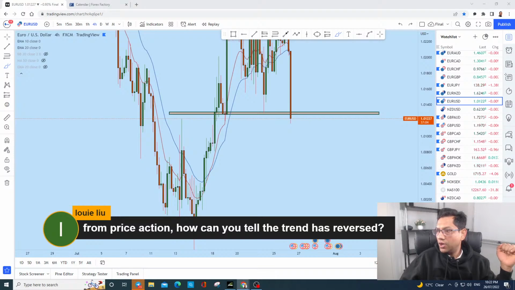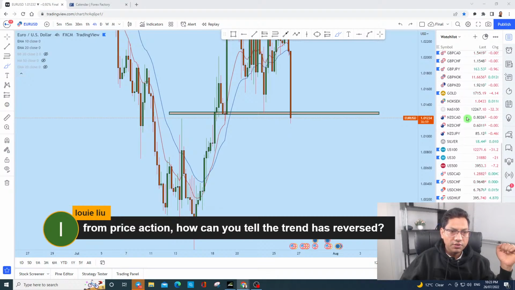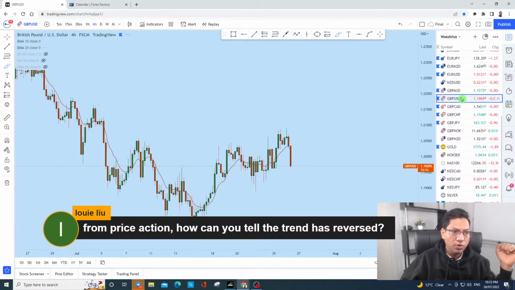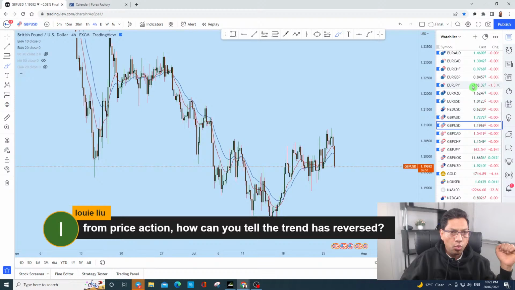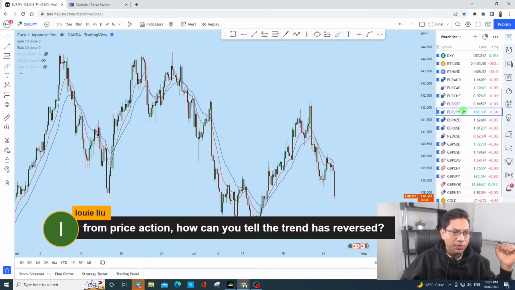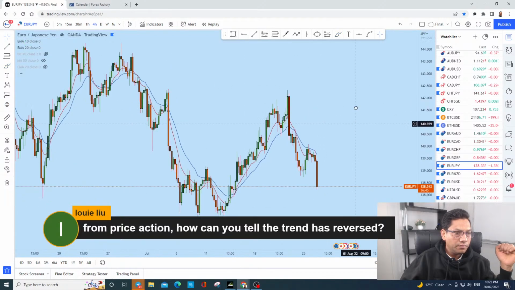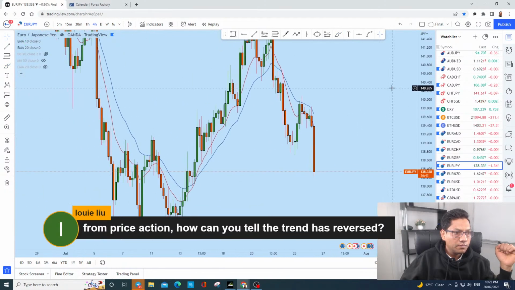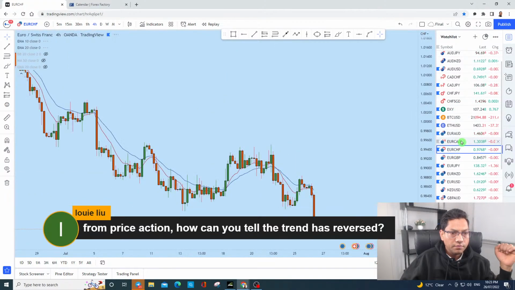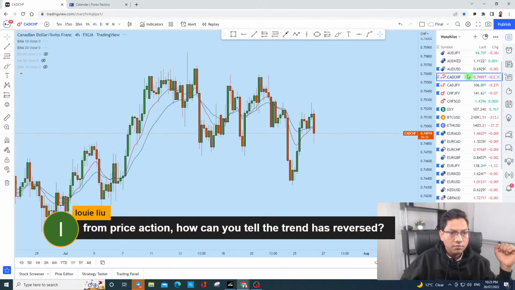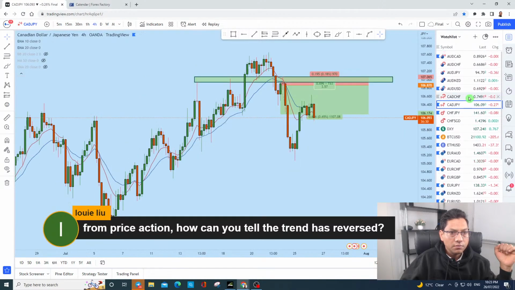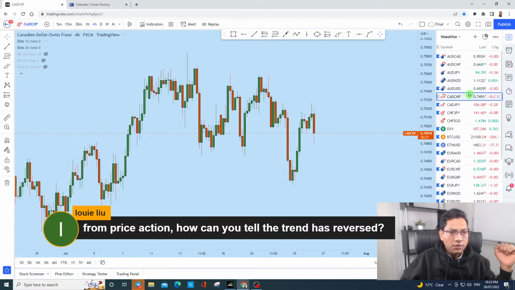So let me look at what other pair. Let's look at what's happening with GBPUSD, guys. GBPUSD is also doing the same thing, but euro looks a bit weaker than GBP, including USDJPY.